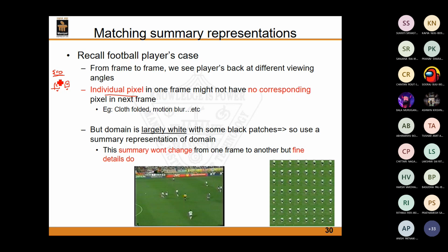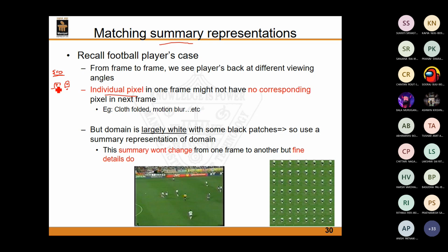So a better approach would be to, instead of a pixel to pixel comparison, go with just a summary representation. That means you take this region of interest which is very close to the object, so I'm not just looking at the object alone, I'm forming a small bounding box around the object, which has a little bit of neighborhood area too.